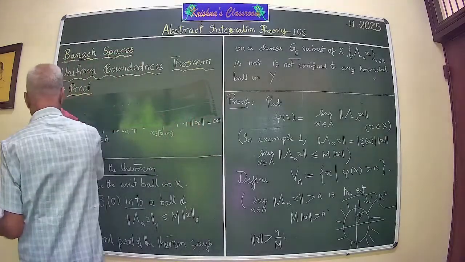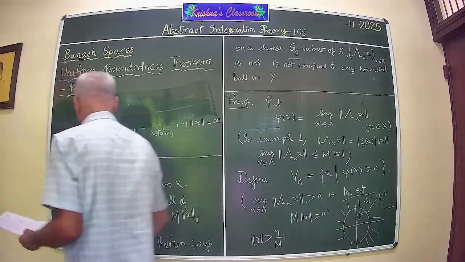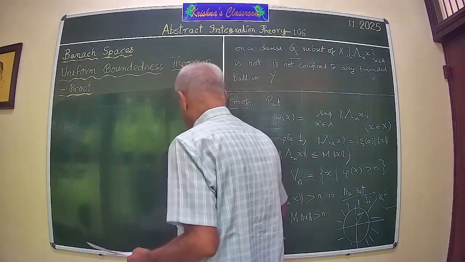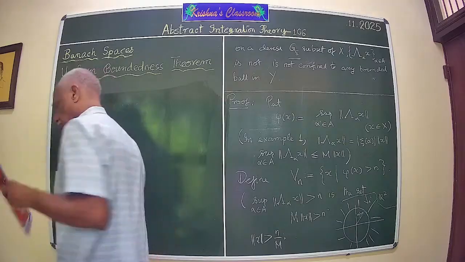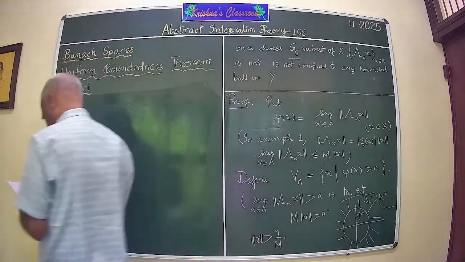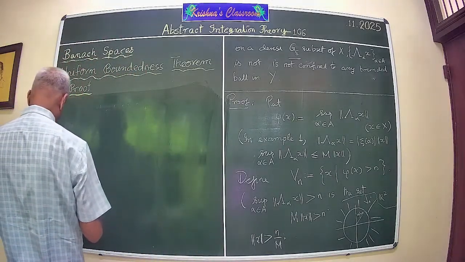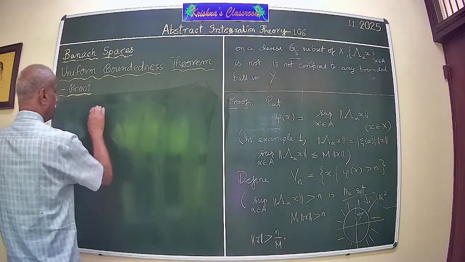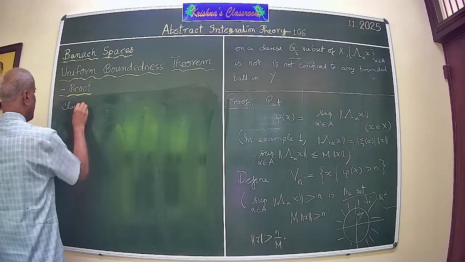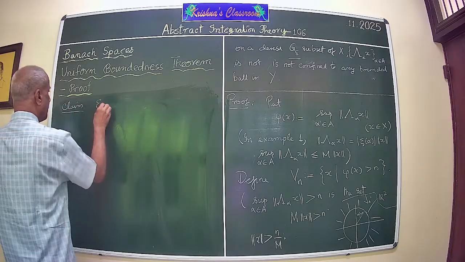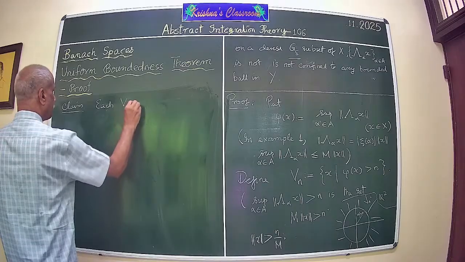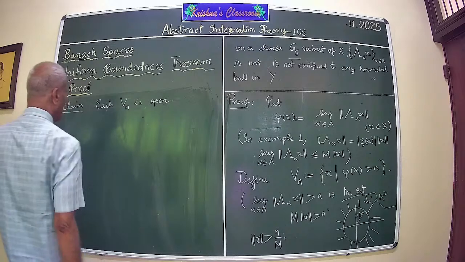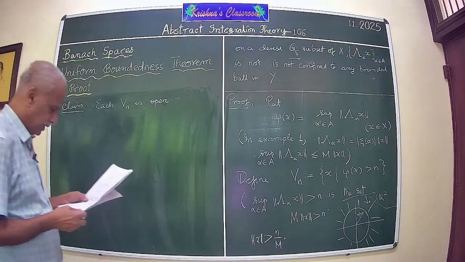So now we make some observations. So we claim each Vn is open.